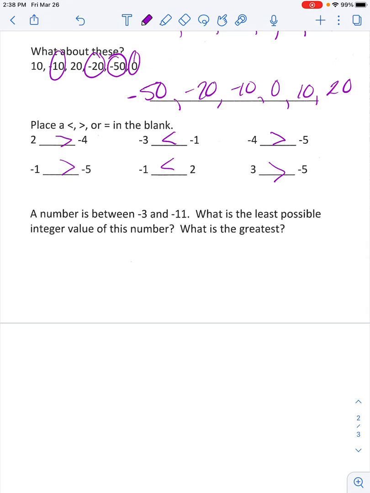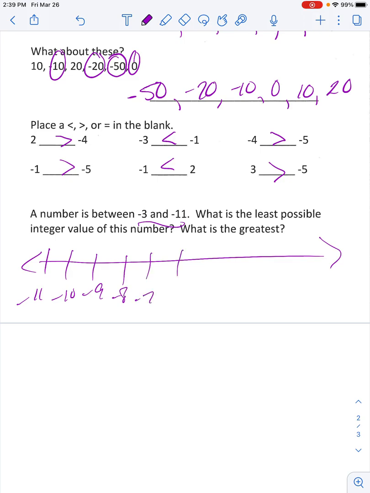This last one is a little word problem. A number is between -3 and -11. What is the least possible integer value of this number? What is the greatest? Well, let's draw a number line. What is the least possible integer value, meaning the smallest, and what is the greatest?